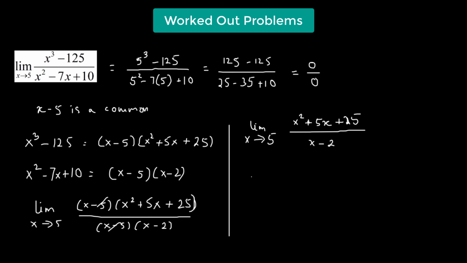So we now substitute the value for x. So we get 5 squared, which is 25, plus 5 times 5, which is also 25, plus 25, divided by 5 minus 2. So we have 3 times 25 divided by 3. So that gives us the limiting value of 25.